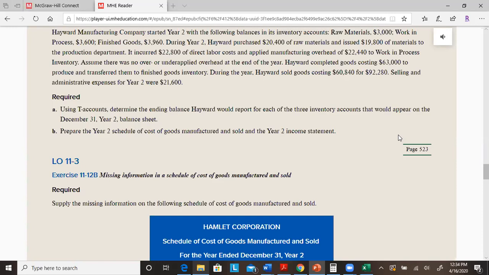So remember, we start with our 3 costs, starting with materials, and it's going to start with raw materials. So your raw materials, your beginning was 3,000. And stop me if you guys have any questions, please. Purchases was 3,400.